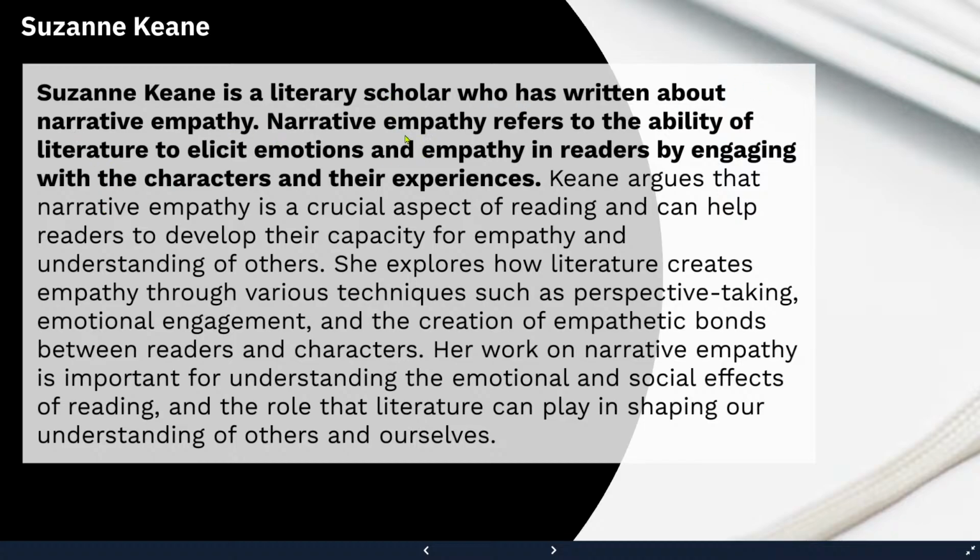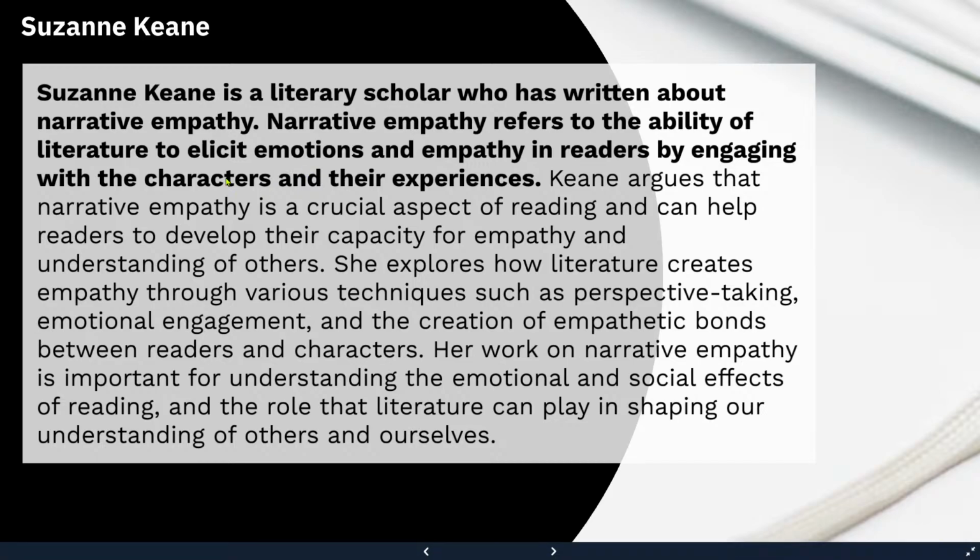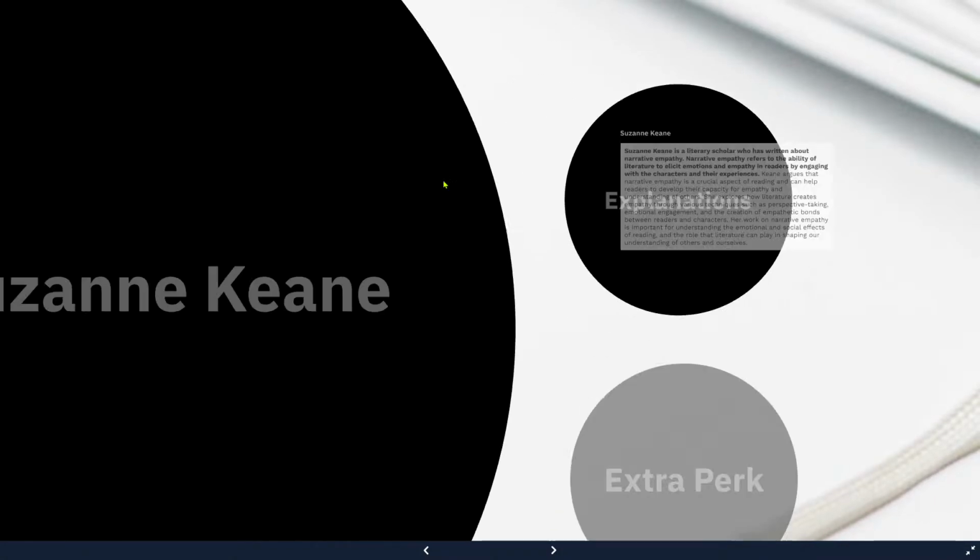Narrative empathy means the ability of literature to elicit emotions and empathy in readers by engaging with the characters and their experience. And remember, all these explanations you will get in the book, and we will have also highlighted sentences which are important for your revision.